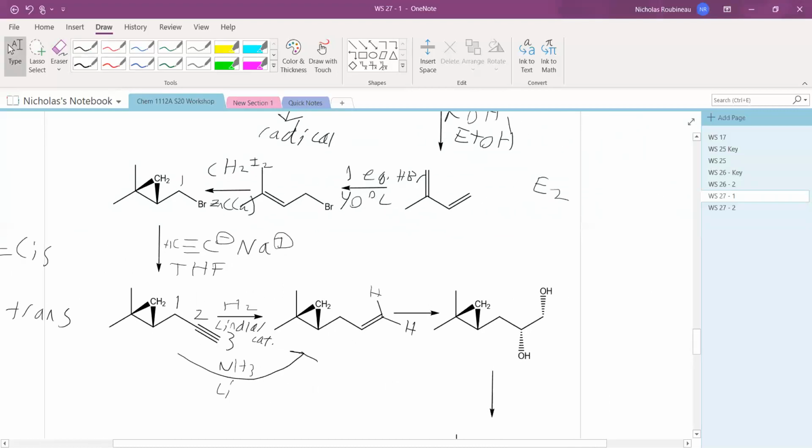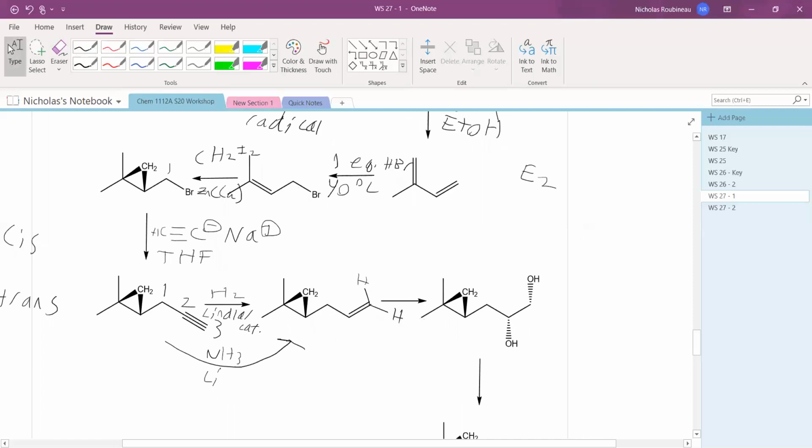Okay, now how do we go from that double bond to this 1,2 diol? Specifically, cis. With osmium tetraoxide. So I'm going to erase those hydrogens there because they're kind of in the way, but it was just for demonstration.